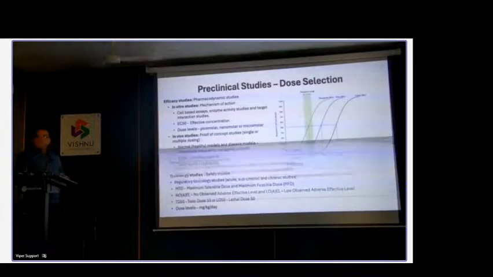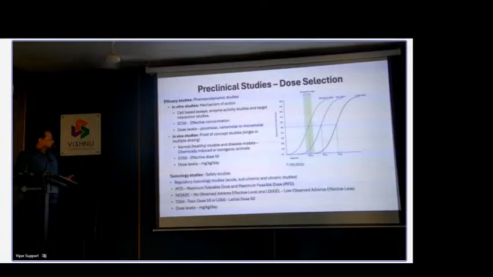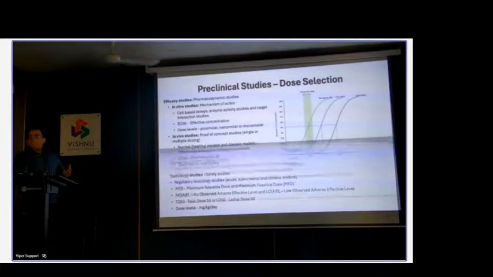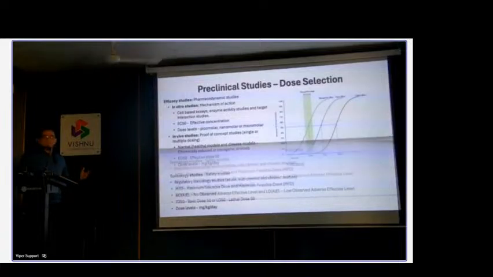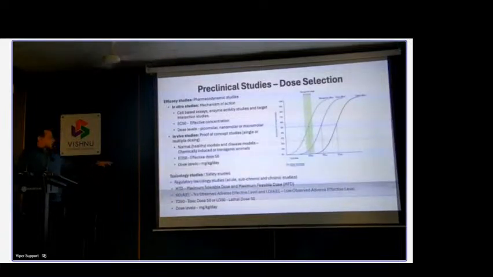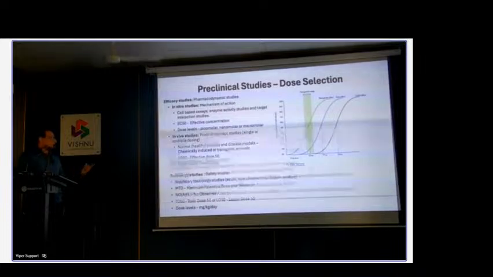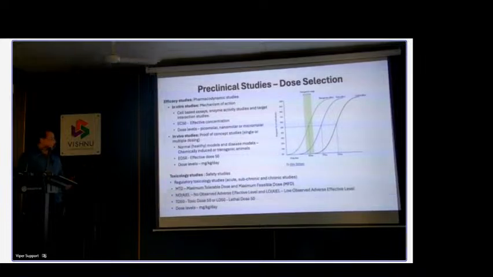You generally conduct a dose response finding study in which you may end up finding a maximum tolerable dose, that is a dose that can have a little bit of toxicity, as well as the toxic dose. And then sometimes, depending on your type of compound, you will have some limitations to have the higher dose, that is the maximum feasible dose.